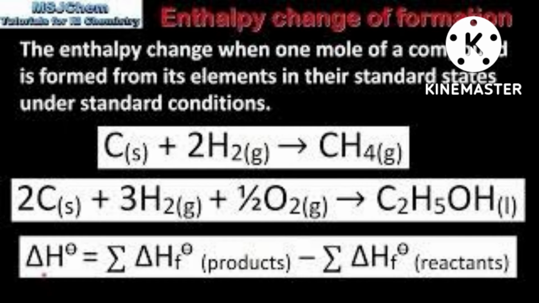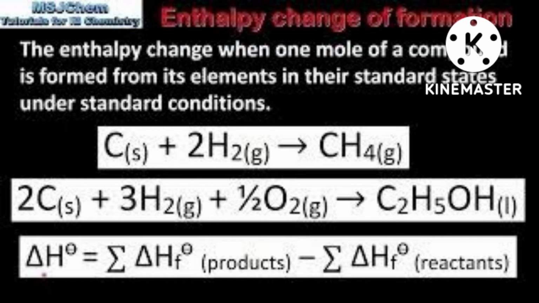And finally it is forming CH4. After the arrow sign, you write CH4 and a small g in bracket. So C plus 2H2 gives CH4 gas. This is the balanced equation.